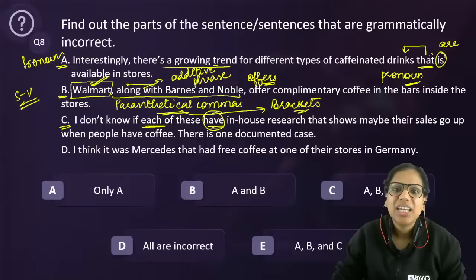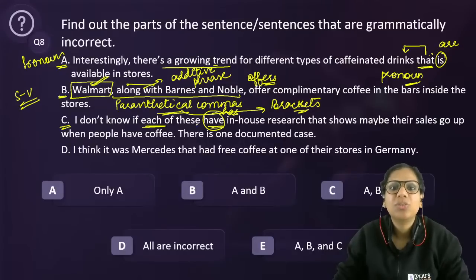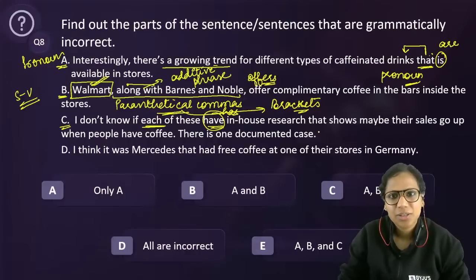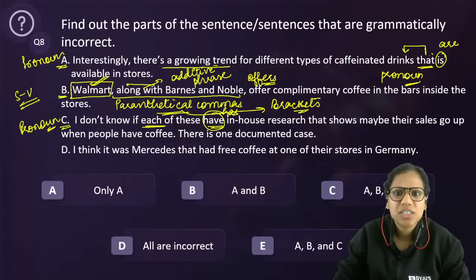So it cannot be have, it has to be has. Each of these has in-house research. Make sense? So again, a pronoun concept here. So this is called an indefinite pronoun, each, and this is called a relative pronoun. The names are not important for you. Nobody is going to ask you names.